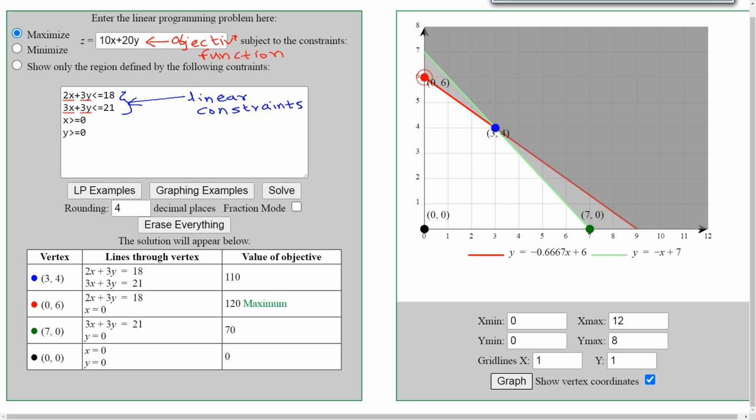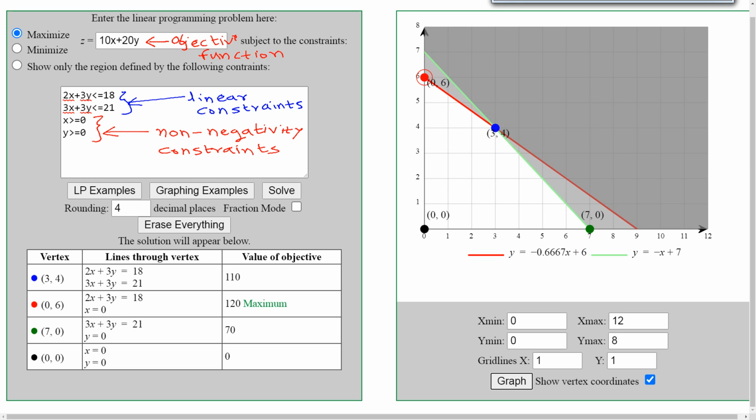Again, the third part is that of non-negativity constraints. So these are non-negativity constraints. Due to non-negativity constraints, the solution of a linear programming problem is always in the first quadrant.